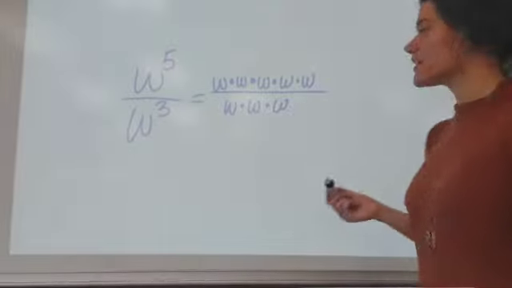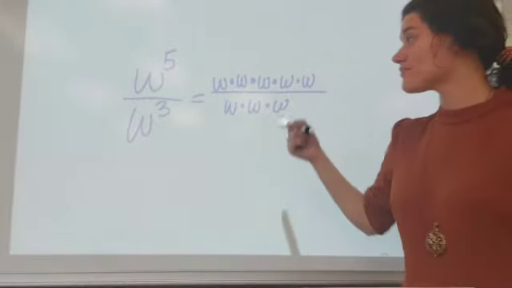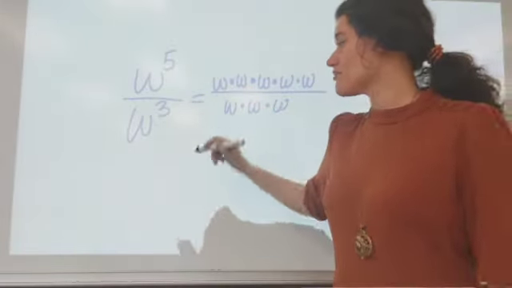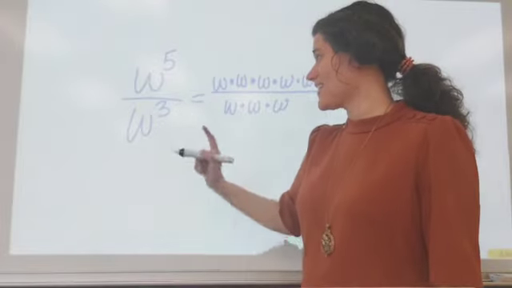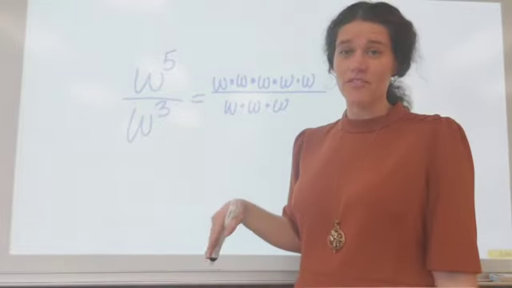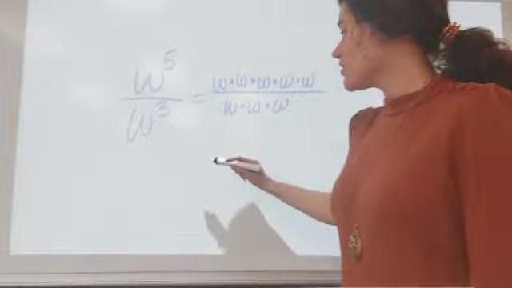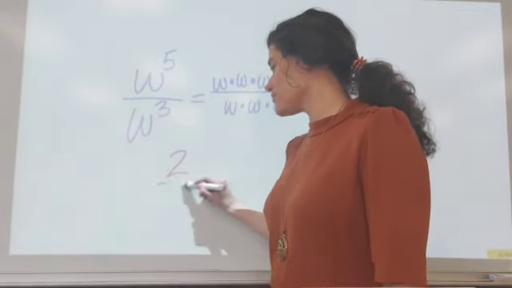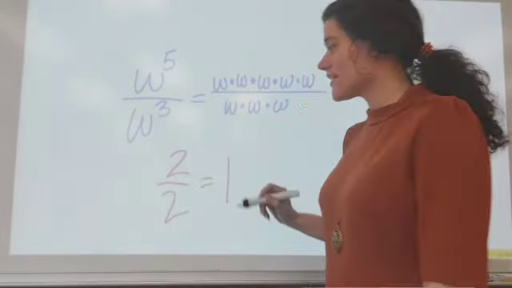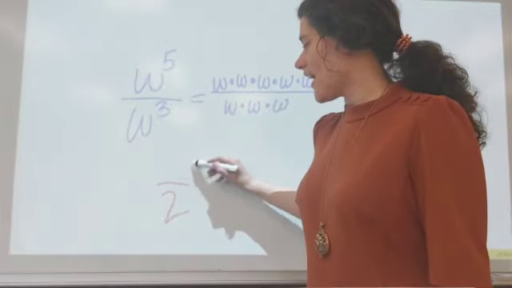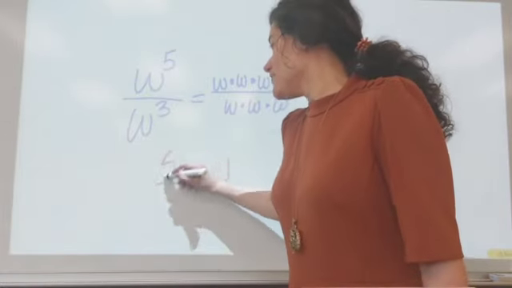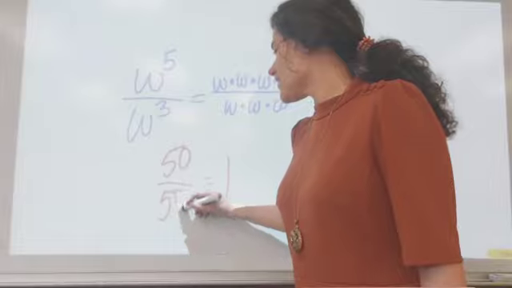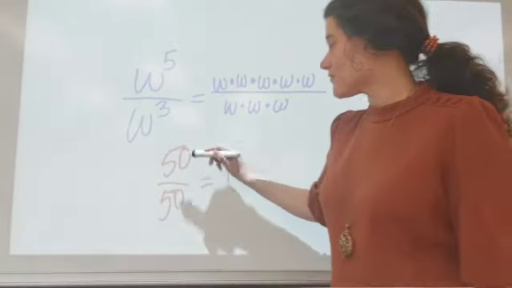And what we're looking at here deals with the fraction rule, where anything divided by itself is going to give you a 1. It could be any number. We have 2 divided by 2, that's going to equal 1. I can have 50 divided by 50, and that's going to equal 1.